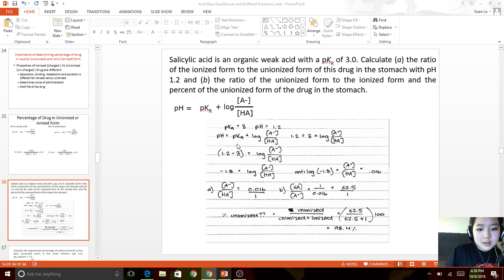So if we plug in those numbers, we're going to get 1.2 is equal to 3 plus the log of the ionized over the unionized form of this weak acid.